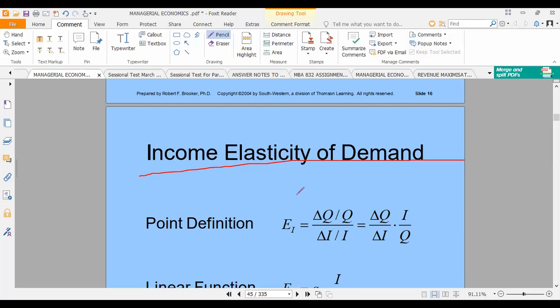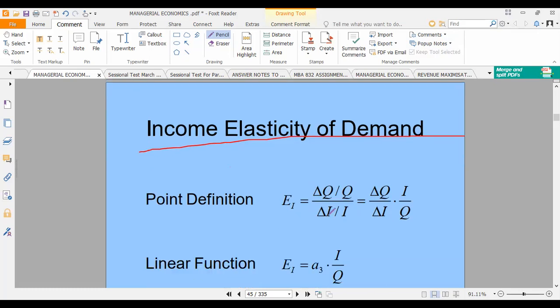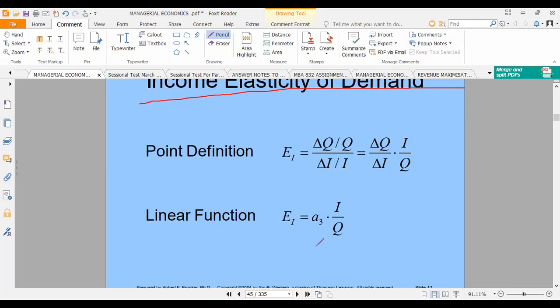For daily usable goods, demand elasticity is high. Now, income elasticity is very important because it defines three types of goods: an inferior good, a normal good, and a luxury good. The formula for elasticity of income, if you're using a linear function which has many variables, is simply the coefficient of I over the annual demand.